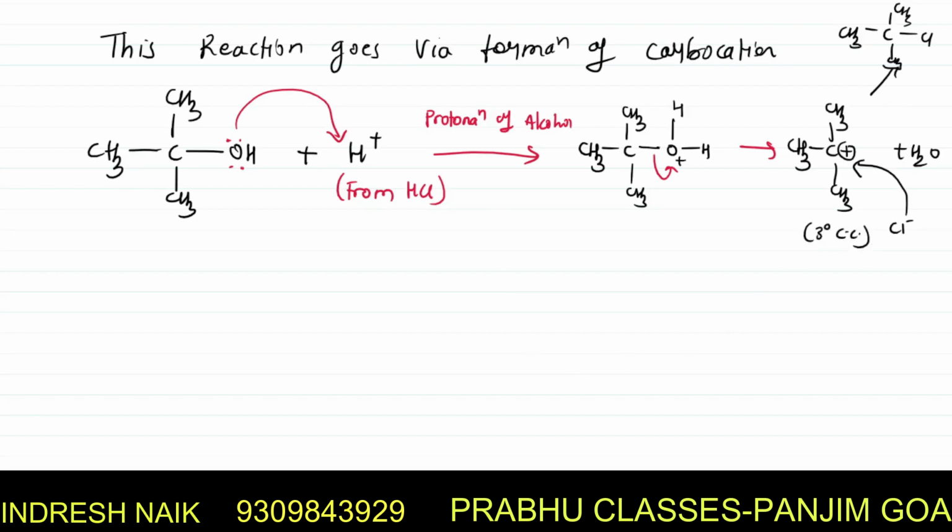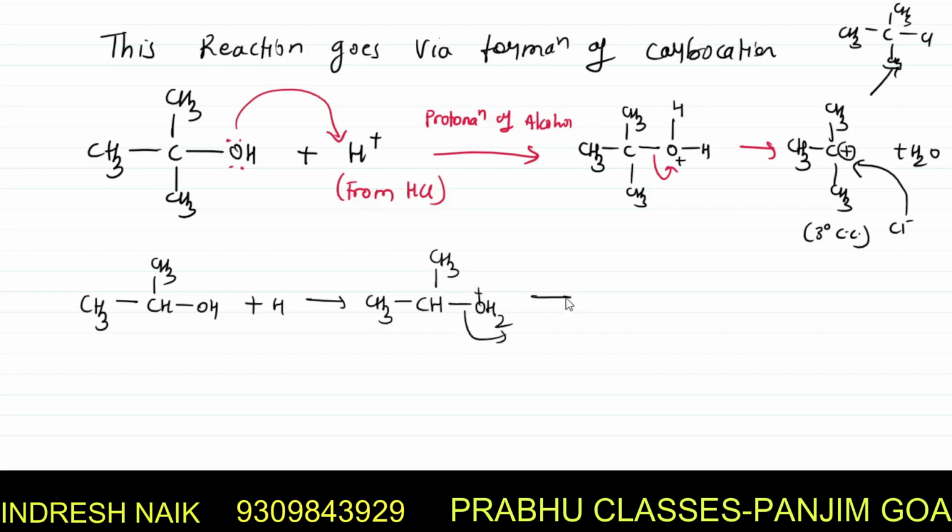But in the case of a secondary alcohol, in the presence of acid, the thing would have been this way. This will go, and you are going to get a secondary carbocation, right?